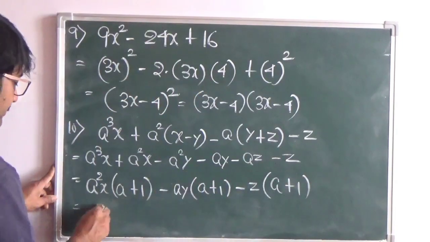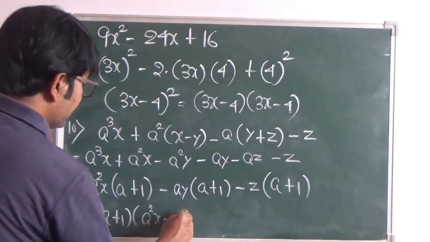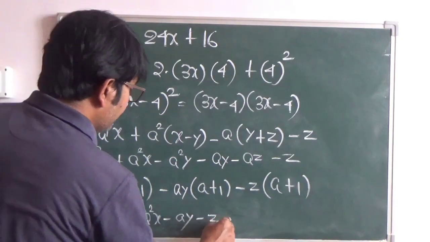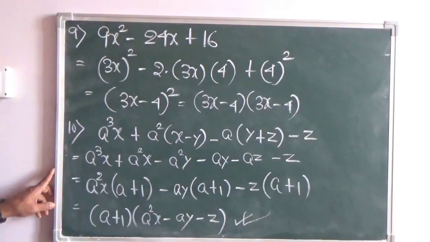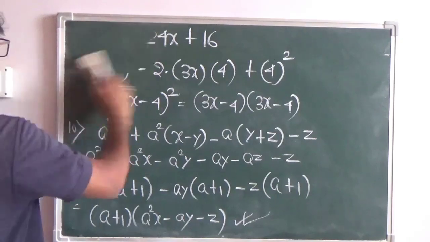So now from this we get (a plus 1) common. This is (a plus 1) into (a square x minus ay minus z). Okay.